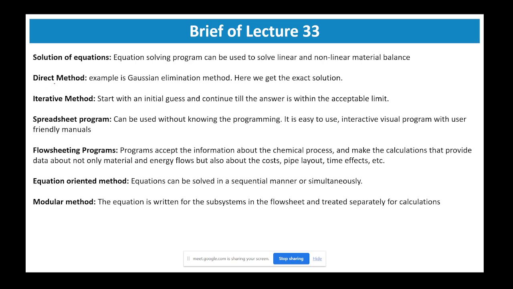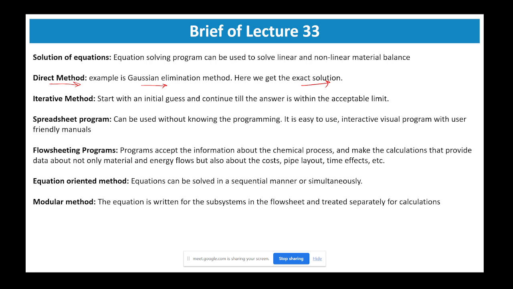So one such method for solution is the direct method, where you apply Gaussian elimination. So what is Gaussian elimination? Gaussian elimination is nothing but, for n equations, step by step, you eliminate one variable at a time, such that at the end you will be able to get one solution for the n number of equations.